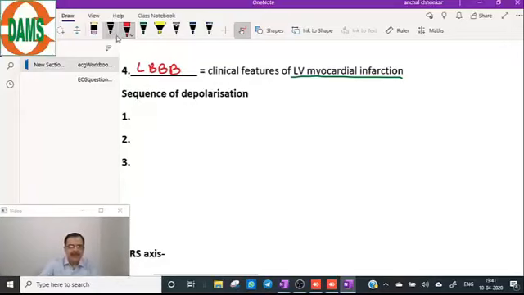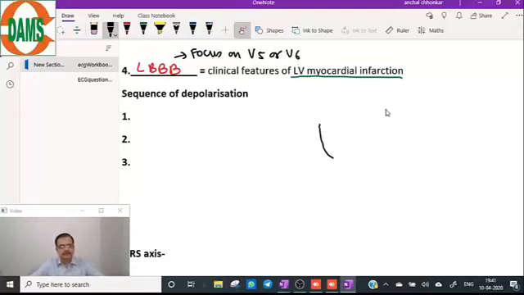So in left bundle branch block, focus on V5 or V6.